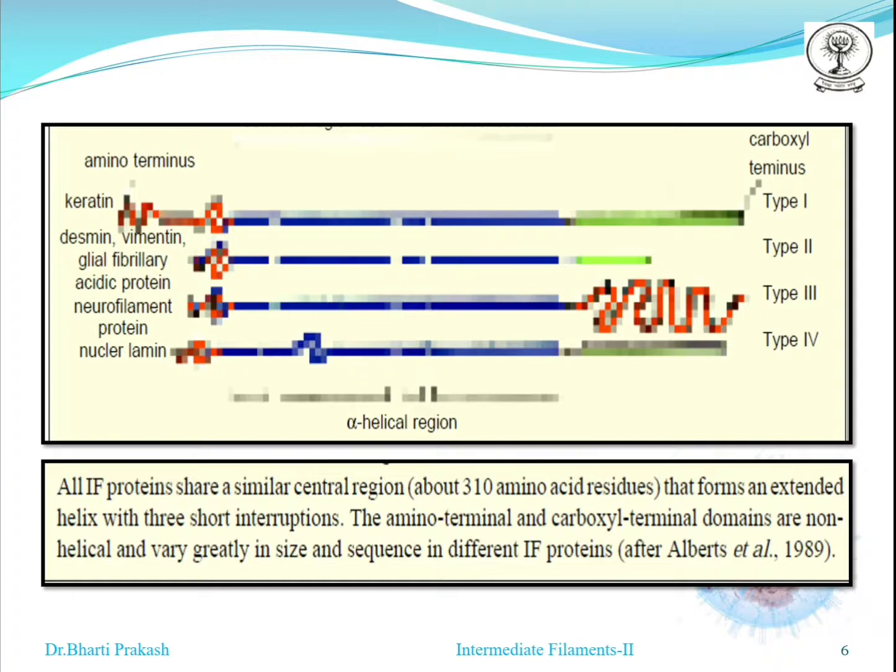That is, they all have 310 amino acid residues that form the extended helix with 3 short interruptions, as we saw earlier: 1, 2 and 3. It has an amino terminus and a carboxyl terminus. The amino and the carboxyl terminal domains are non-helical and they vary greatly in size and sequence in different IF proteins.